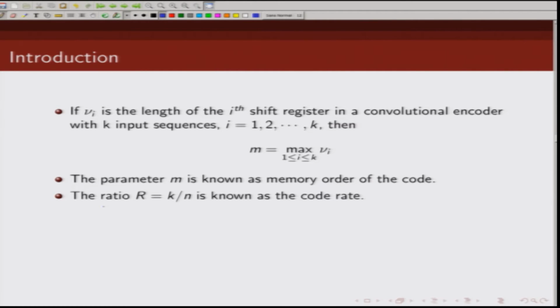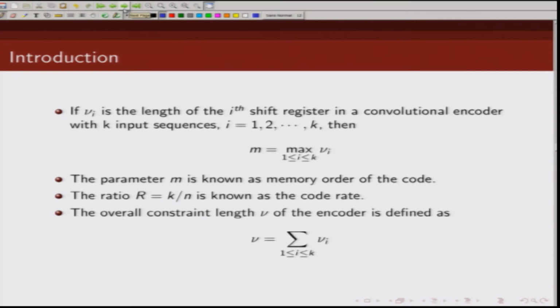As we know, this ratio of information bits to coded bits, k by n, is known as code rate, which we denote by capital R, and the overall constraint length is defined as the sum of the lengths of all the k shift registers. That is the overall constraint length.